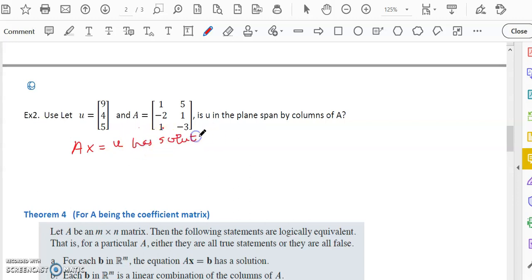If it is spanned by these columns, then you can solve for X, right? So this becomes an equation. It's the same as asking this if you're talking about the column span of something. So what you do is you write 1, -2, 1, 5, 1, -3, 9, 4, 5, and then do a row echelon form to see if it has a solution.